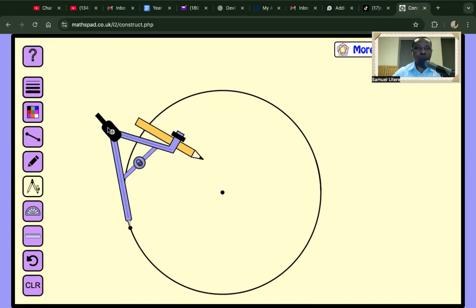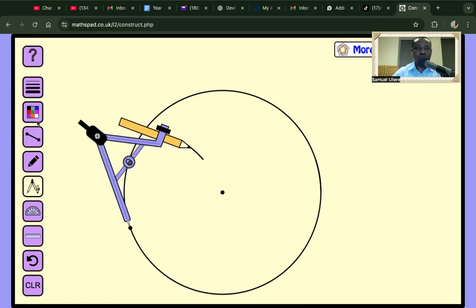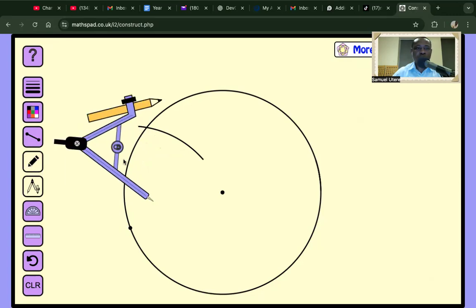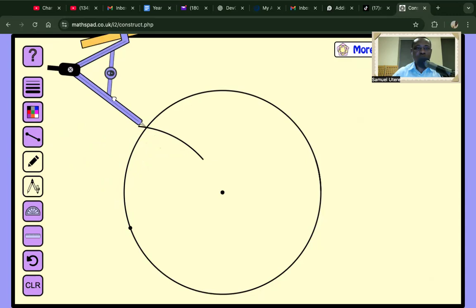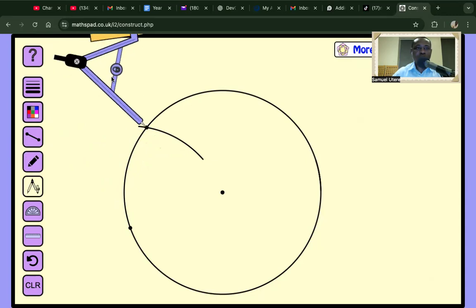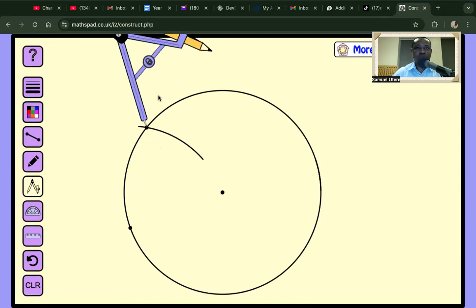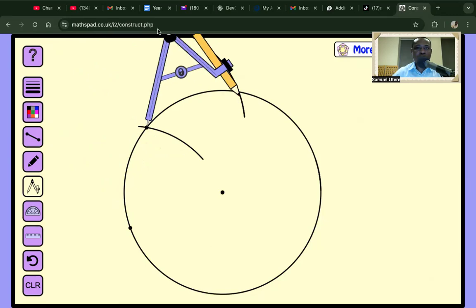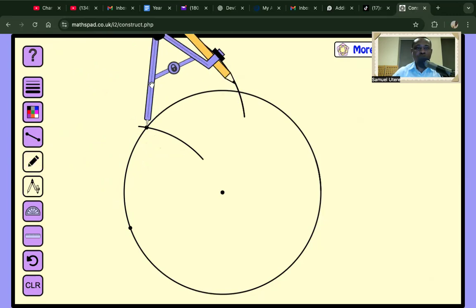So let's just mark that. So we'll mark an arc. We'll move our compass to that point. We'll mark an arc. Let's mark an arc. We'll move our compass there.